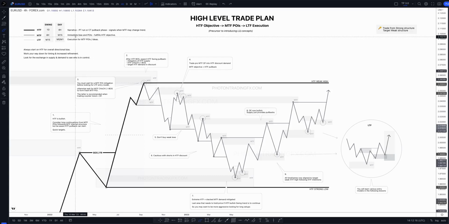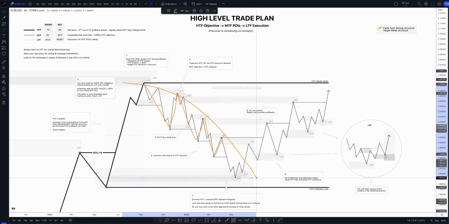Okay, and the way you want to think about the medium time frame is it's the soldier for the higher time frame, right? The medium time frame's job is to fulfill the higher time frame objective. Okay, so at this point, when we're having the higher time frame pullback, if you're shorting and you're following the medium time frame because it's bearish, you have to understand that its objective at that point, it's switched bearish to do what?